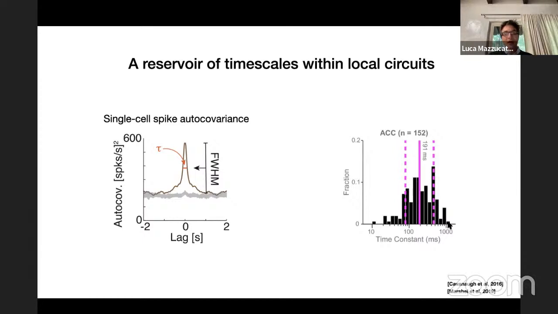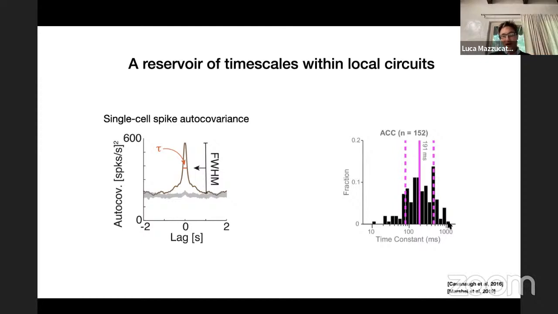But in our hands, it extends even to longer timescales. So this huge heterogeneity of timescales seems to be a crucial feature of brain activity that reflects also the structure in naturalistic behavior.